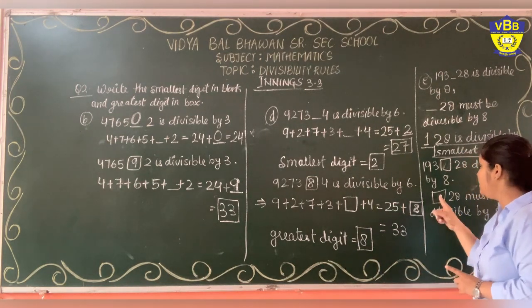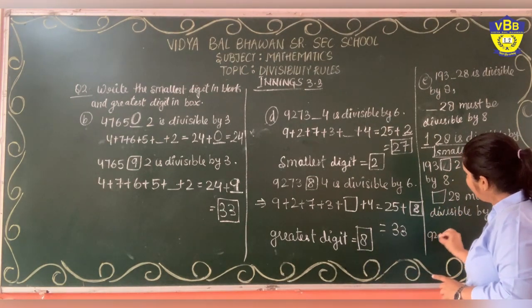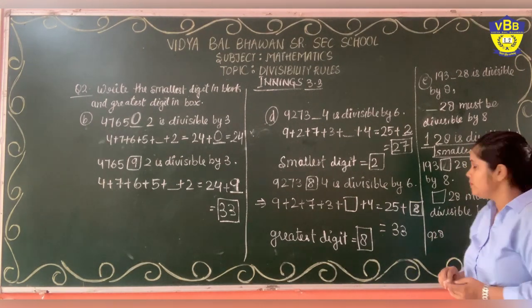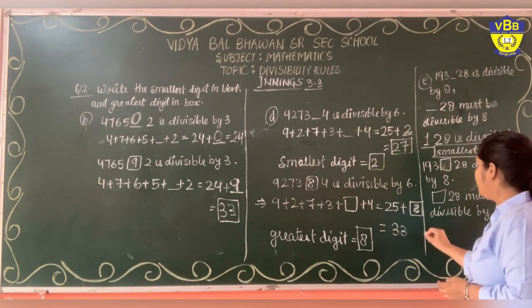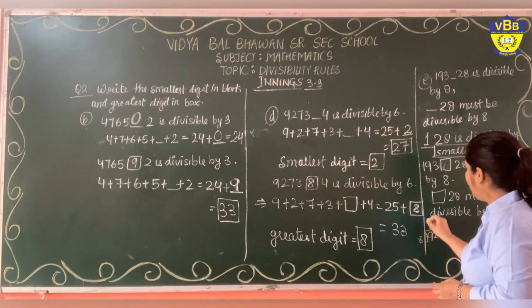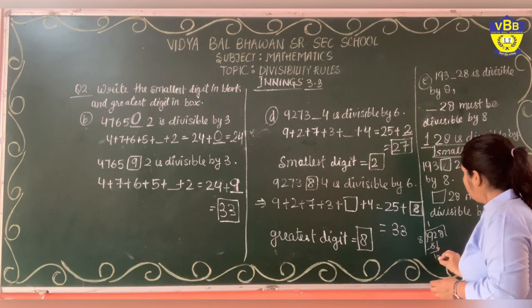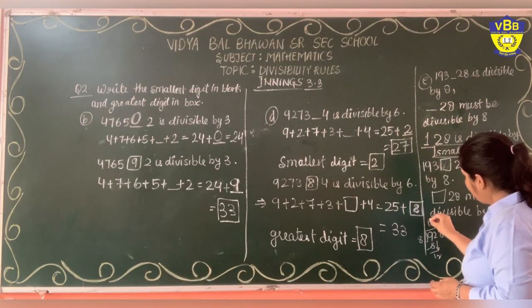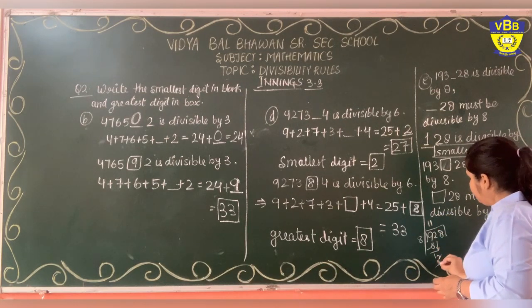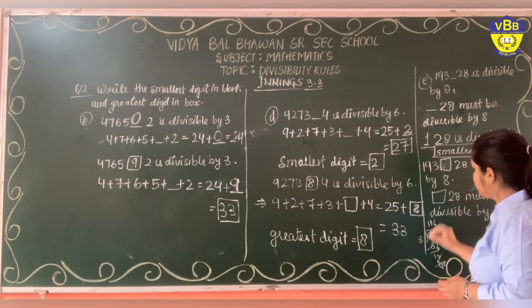If you write 9 here, is 928 divisible by 8? You can check by dividing this number by 8. 8 ones are 8. Now this 2. 8 ones are 8 again.